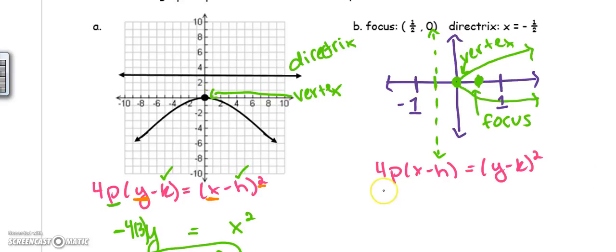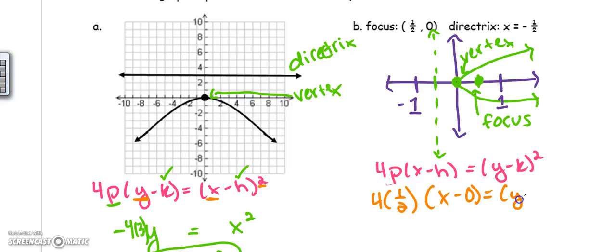Alright, so we need to find p. P is the distance from the vertex to the focus, or the vertex to the directrix. Those are the same. And that we know is 1/2. And then for h and k, our vertex is at 0, 0, so those are both 0.